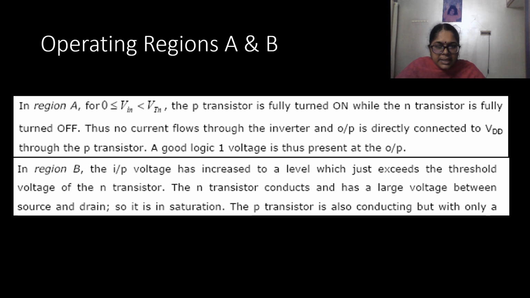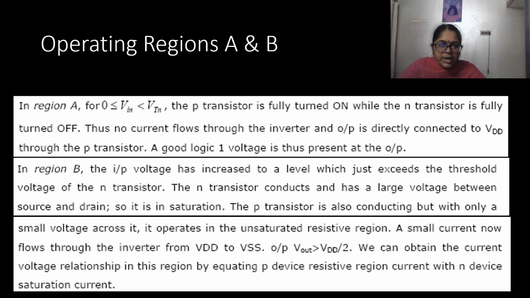In region B, the input voltage has increased and ranges between Vtn and VDD by 2. Both nMOS and pMOS are on. The nMOS conducts large voltage, it is in saturation. The pMOS is conducting small voltage, so it will be in resistive or linear region, and a small amount of current flows between VDD and VSS.